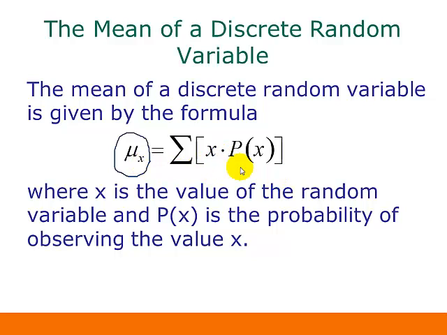Now again, this formula tells you what to do, but we will, for the most part, use technology to calculate these. So the important things in this formula are that x is the value of the random variable, p of x means the probability of that value, and the mu of x is the mean of our probability distribution.